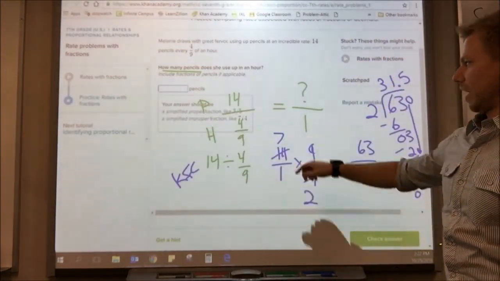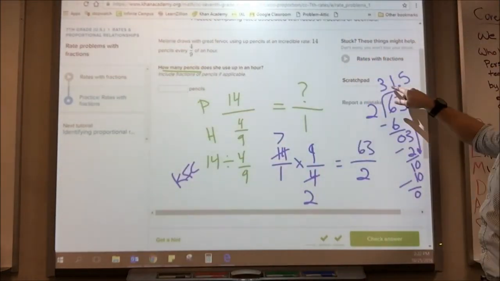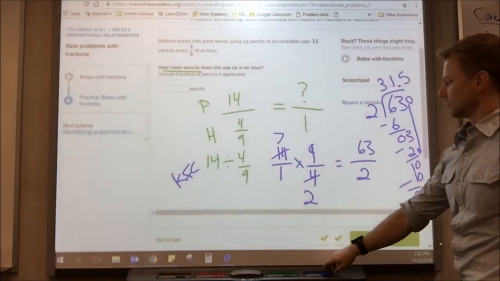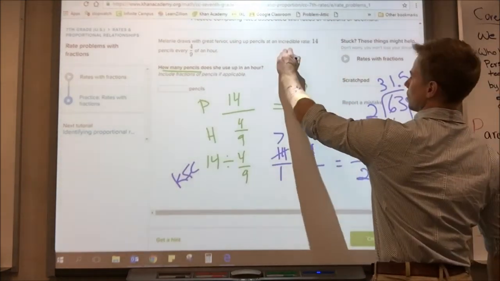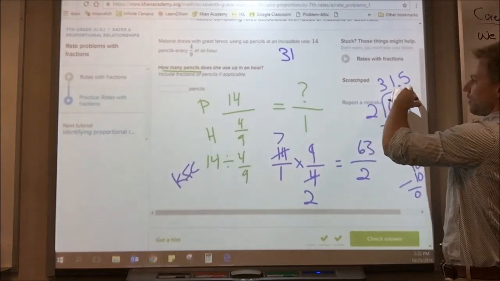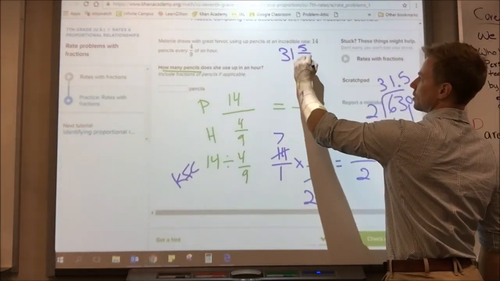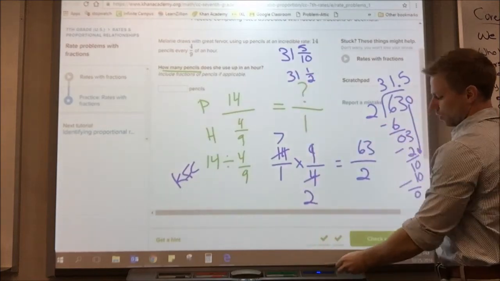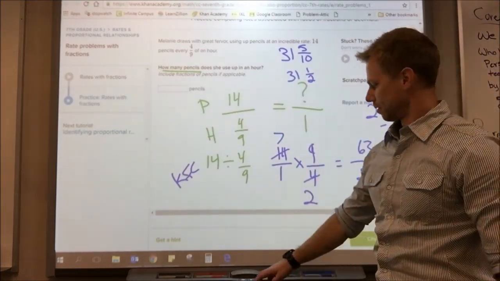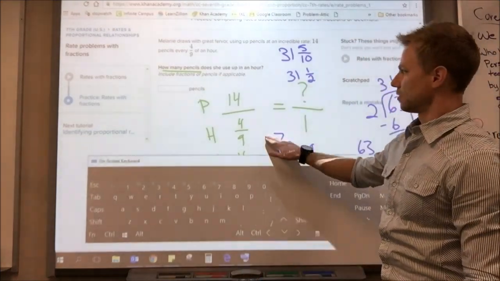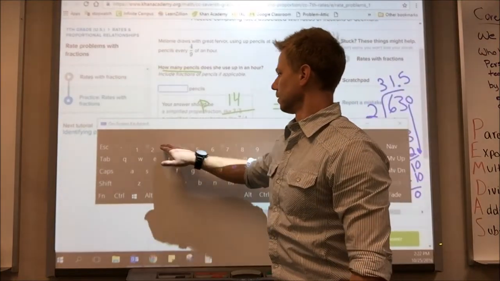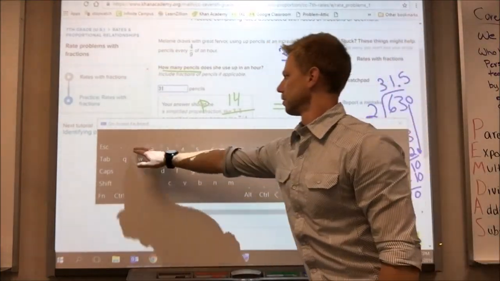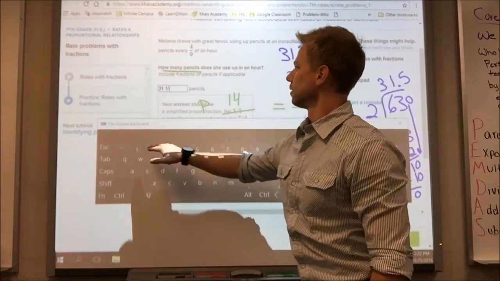So we need to actually answer as a fraction. So this 0.5 needs to be a fraction. So it'll be 31. The 5 is in the tens place, so it's 5 over 10, which reduces to 31 and 1/2. So that would be the answer that we put in, 31 and 1/2.